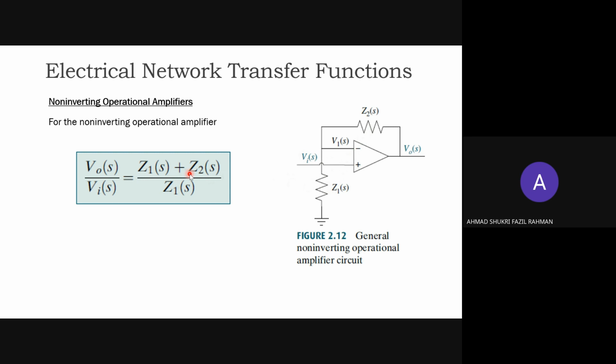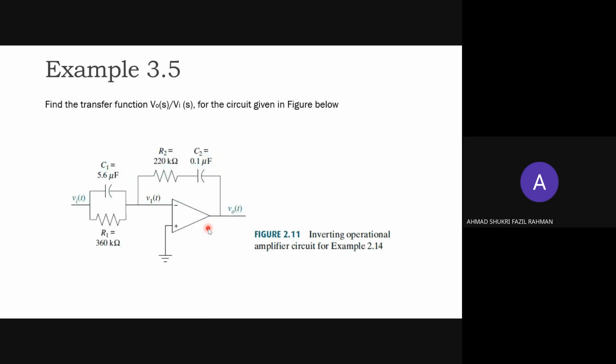This is similar to the voltage divider method. Okay, so for example 3.5, I will show you just a partial part.